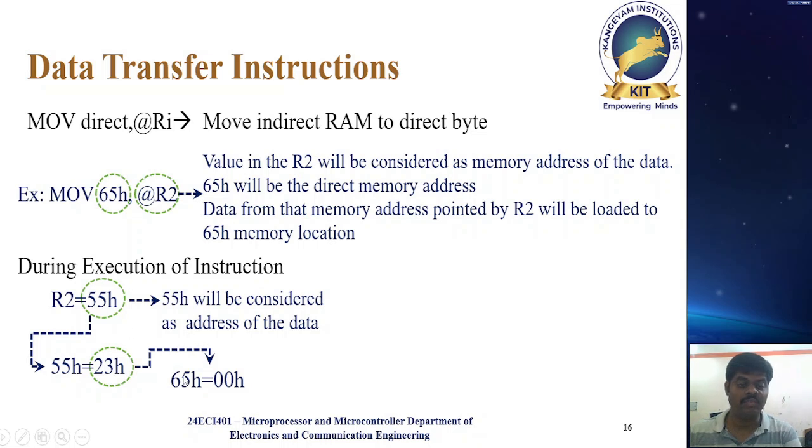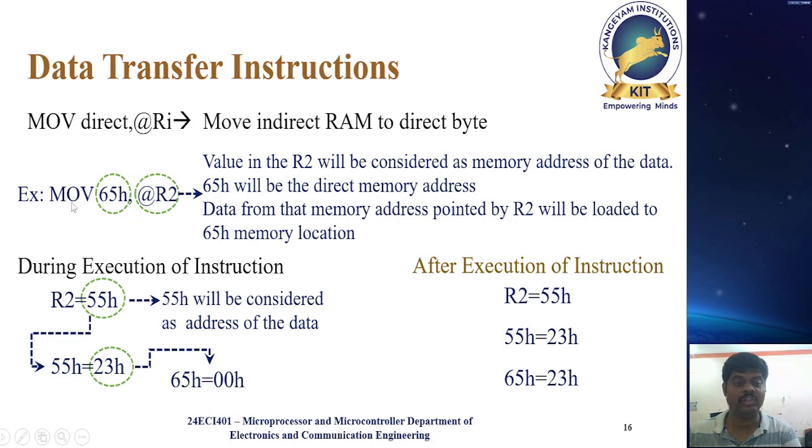So 65 is the memory location to store the data, and 55 is the memory location from where we take the data. After executing this instruction, R2 equals 55, this 55 has 23, and this 23 will be moved to memory location 65.